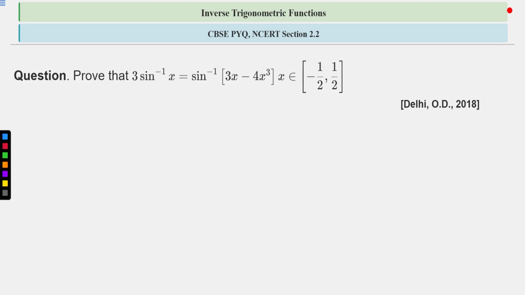See, we can assume sine inverse x as theta, right? Therefore, x will be equal to sine theta. Then in the right hand side, in place of x, we can put sine theta, right? We can put x as sine theta in the right hand side.